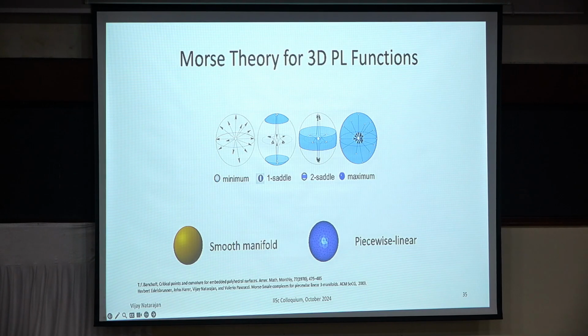And again, these ideas can be transported to the piecewise linear case. A lot of this was done early in the 2000s, setting the stage for computing the Morse-Smale complex. And since the early 2000s, for about 10 years, many algorithms were designed to compute the Morse-Smale complex. Numerical accuracy was one of the main issues they tried to address.